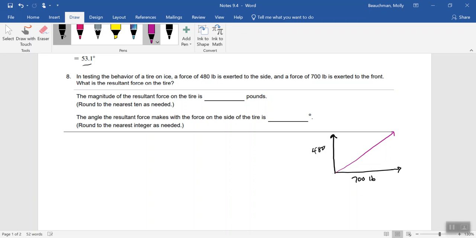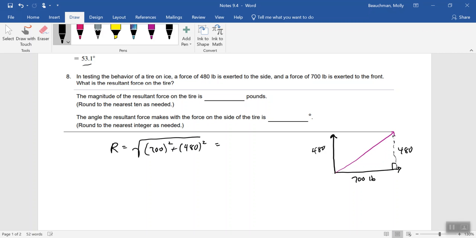You can think of this in a couple of different ways. You can think of this as a right triangle where we know two sides, and we can find the length of the third side. So the magnitude of the resultant force is going to equal the square root of 700 squared plus 480 squared.